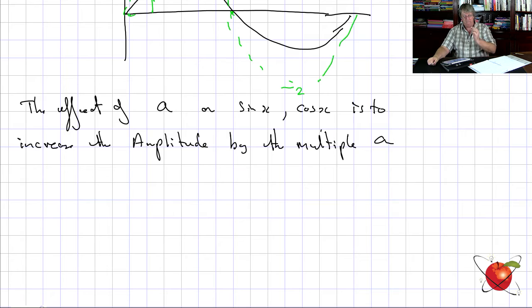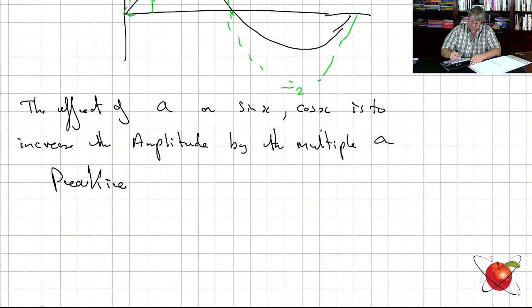So it just makes it peakier. And I have no clue on earth if that's a word or not, but it is now. So it makes it peakier. It squishes it up to the top. It stretches it to the top, which is a concept we've got to get into because tan is going to be stretched as well in that direction. So in any of these, it stretches it. And we know q lifts it up or puts it down.